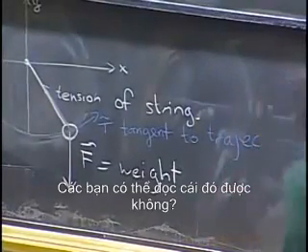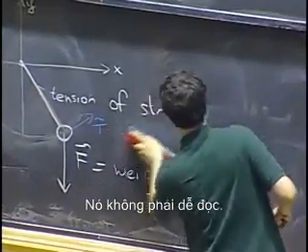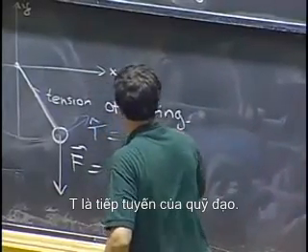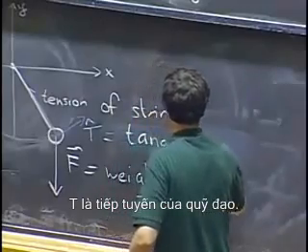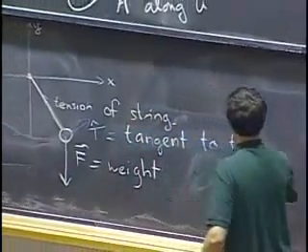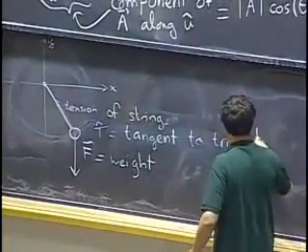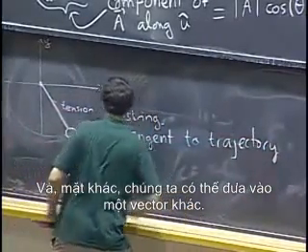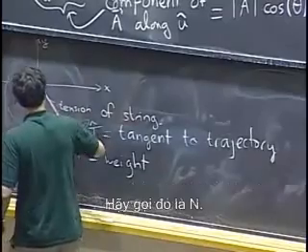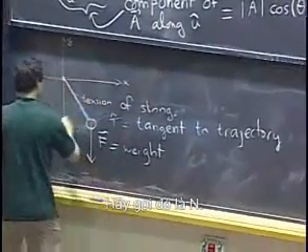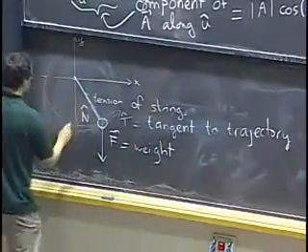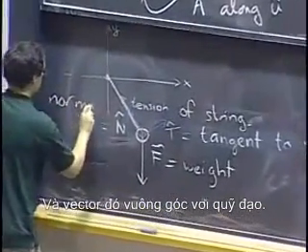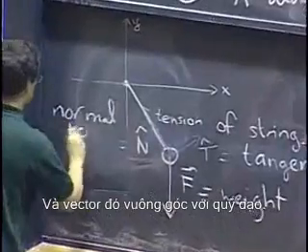Sorry, can you read that? Maybe it's not very readable. So t is tangent to the trajectory. And on the other hand, we can introduce another vector, let's call that n, and that one is normal, or perpendicular, to the trajectory.